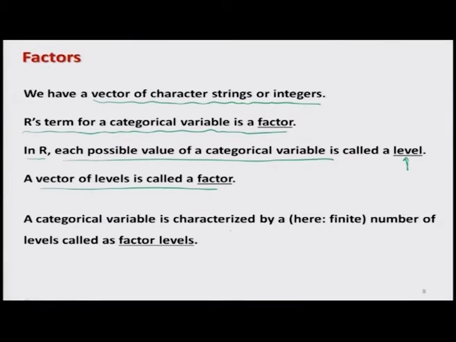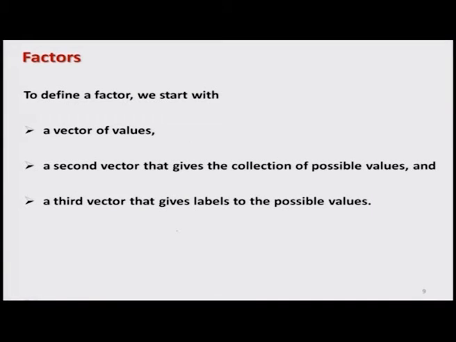Suppose we have a finite number of groups, as we have considered in this case. Now, a categorical variable is characterized by the number of labels, which are termed factor labels. Do not get confused, we will try to understand all this terminology with a simple example, then it will be clearer.